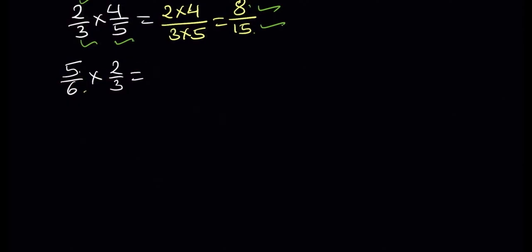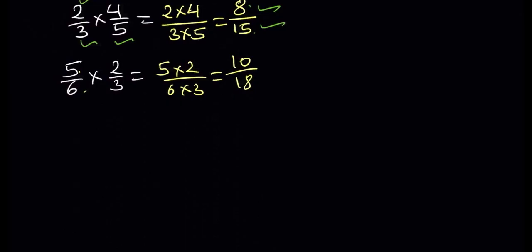So 5 by 6 into 2 by 3 is equal to 10 by 18, or we could write in long form 5 into 2, 6 into 3, equals 10 over 18. So our answer is 10 by 18.